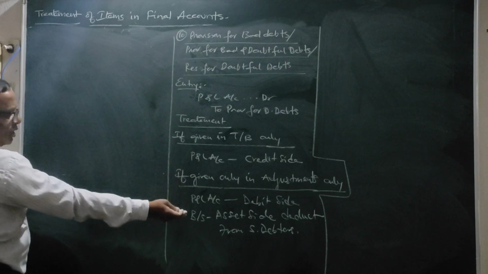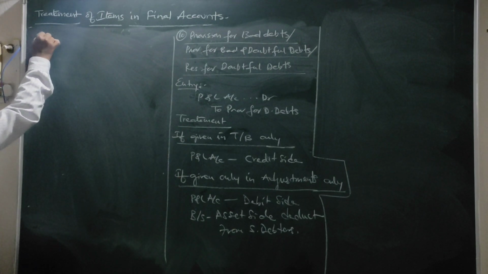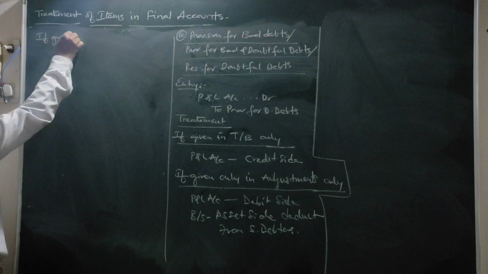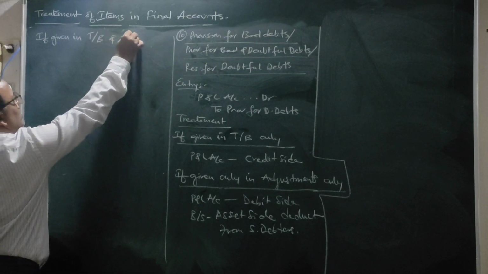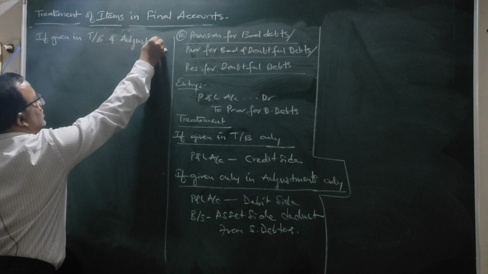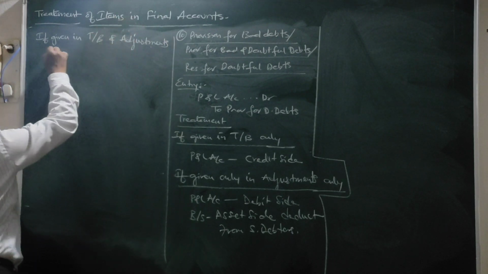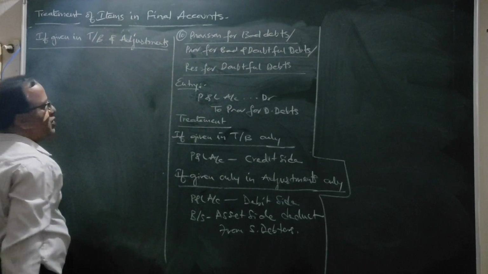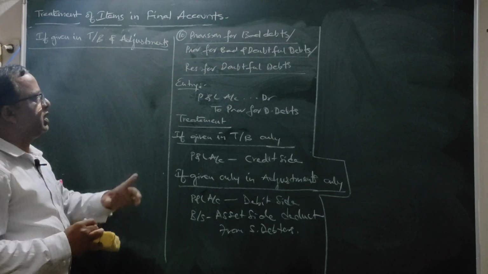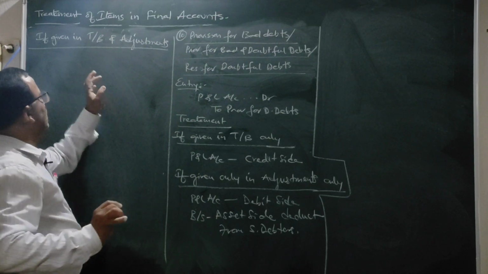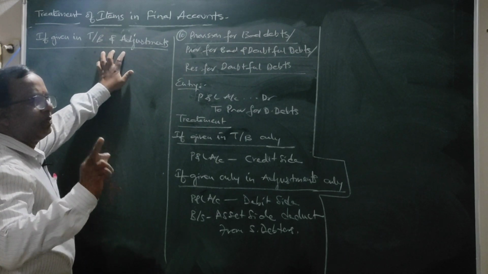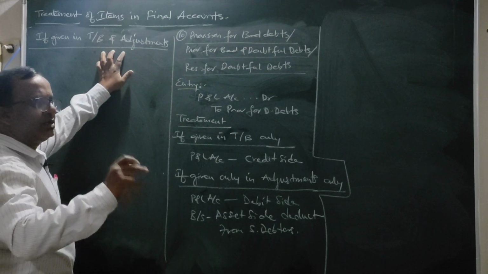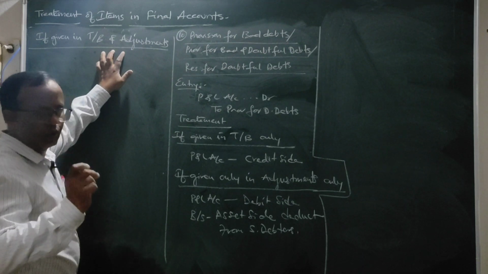So, continuation of this, if given in trial balance and adjustments, there should be clarity in your mind. That means in our problem, provision for bad debts is given in the trial balance as well as in the adjustments below the problem.